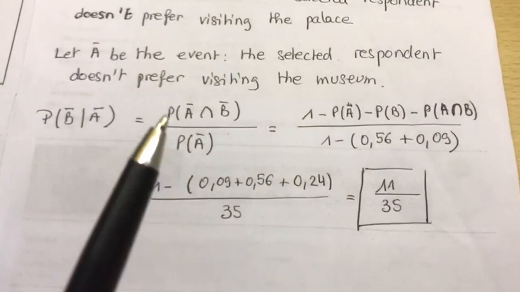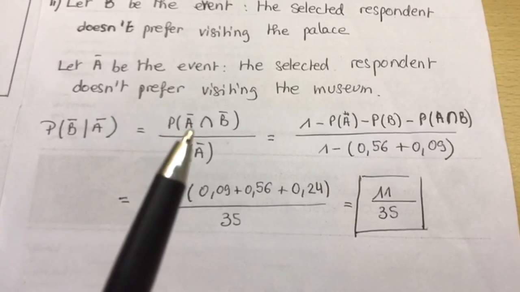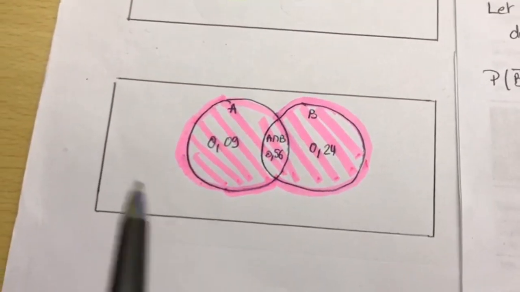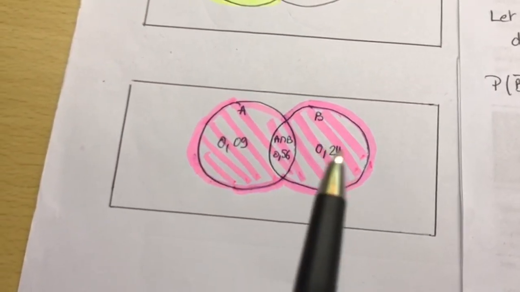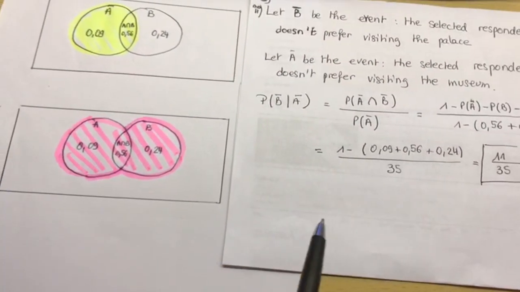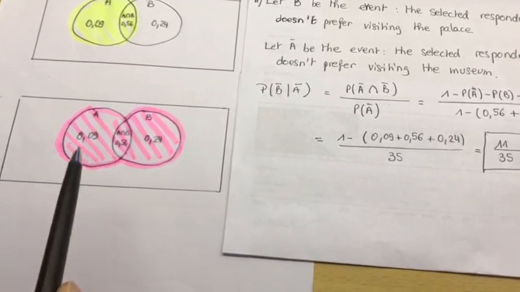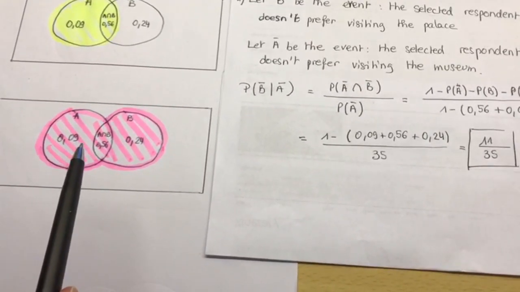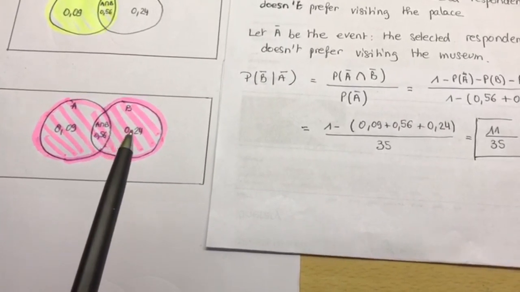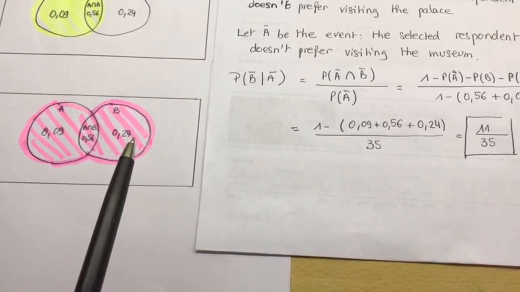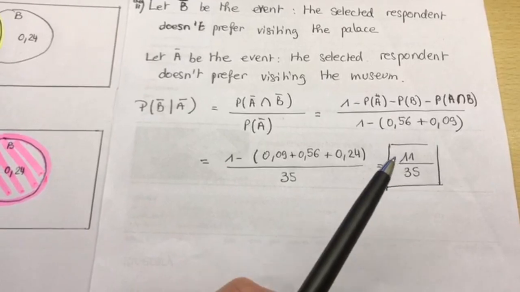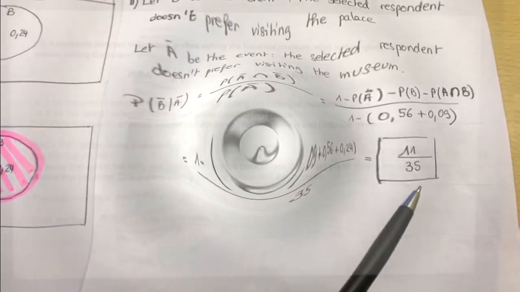And then probability of A bar inter B bar is the whole rectangle minus all the parts in pink. That's why it is 1 minus 0.09 plus 0.56 plus 0.24. The result of the probability is 11 on 35.